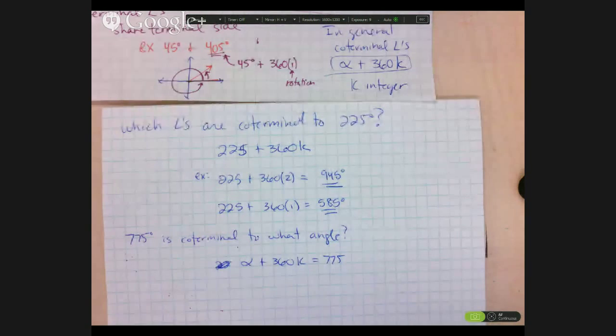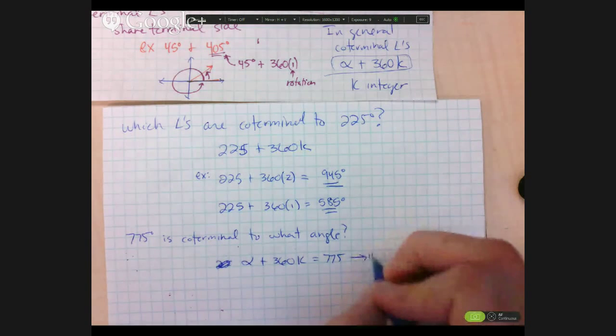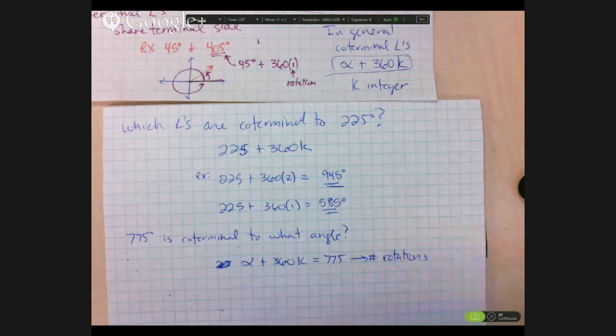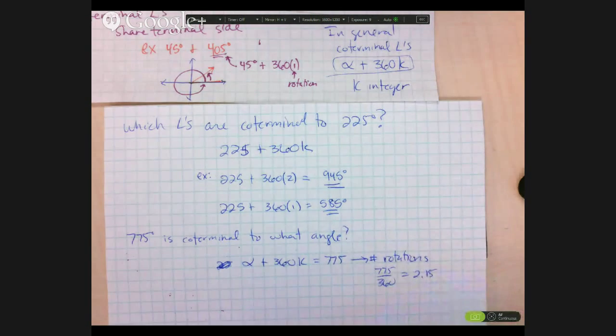We have 2 variables, right? How many rotations was 775? Two. 2.15-ish, I believe.